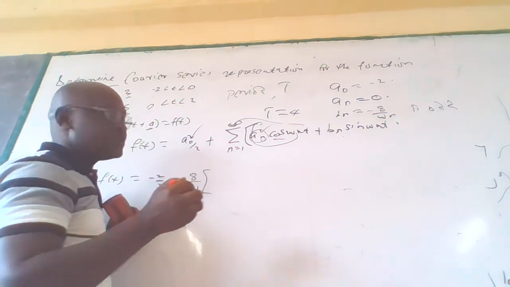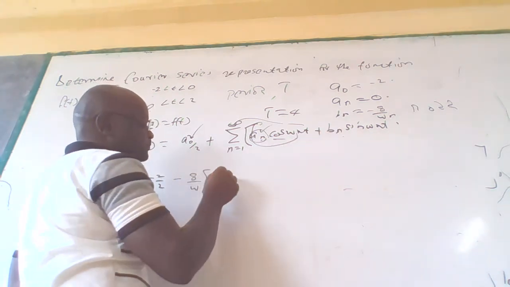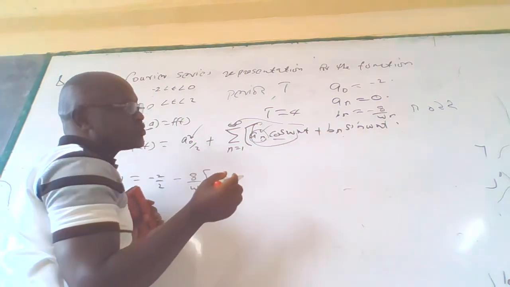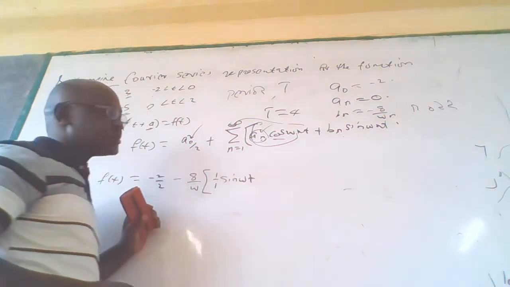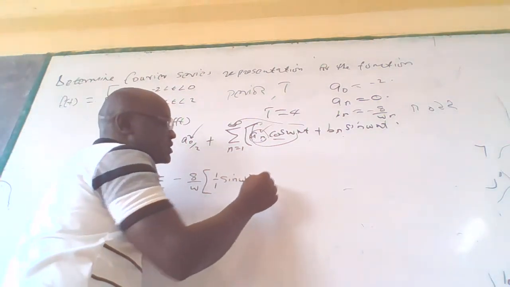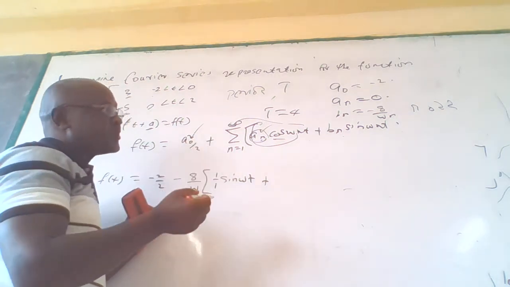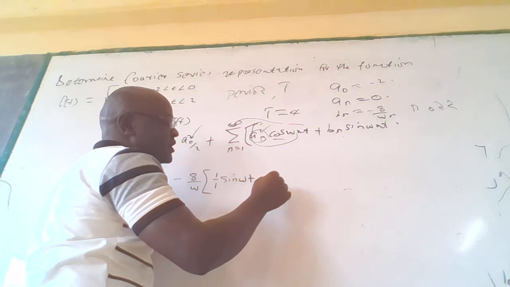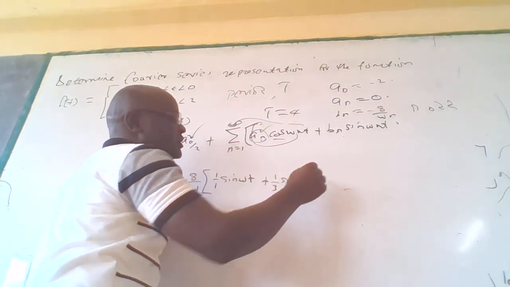When n is 1, it will be 1 over 1 sine omega t, plus, now the next odd number will be 3, so 1 over 3 sine 3 omega t.